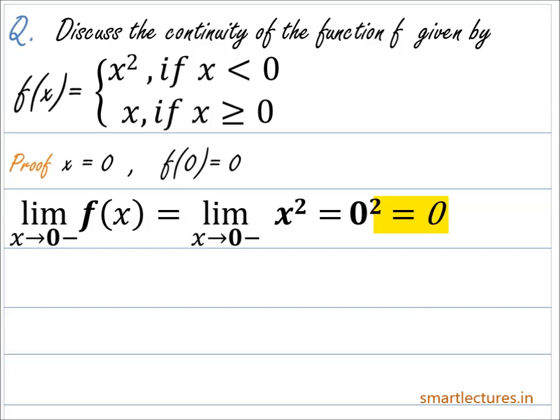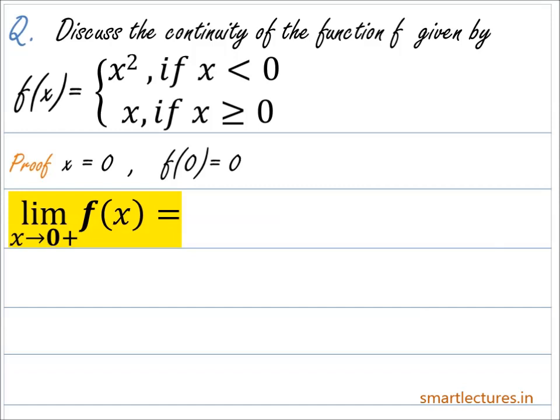And the right hand limit of f at 0 is limit x approaches 0 from the right hand side, f of x, and the value of f of x when x approaches 0 from the right hand side, or when x is greater than 0, is x. So this limit becomes limit x approaches 0 from the right hand side of x, which is equal to 0.